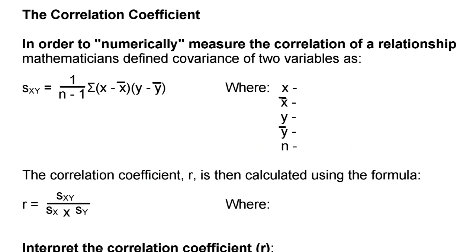Now, in math, we study the concept of covariance, right? Now, covariance in this case, instead of, remember when we had variance, we had something that looked like this: the sum of (x minus x bar) divided by n, and we squared that bit, right?